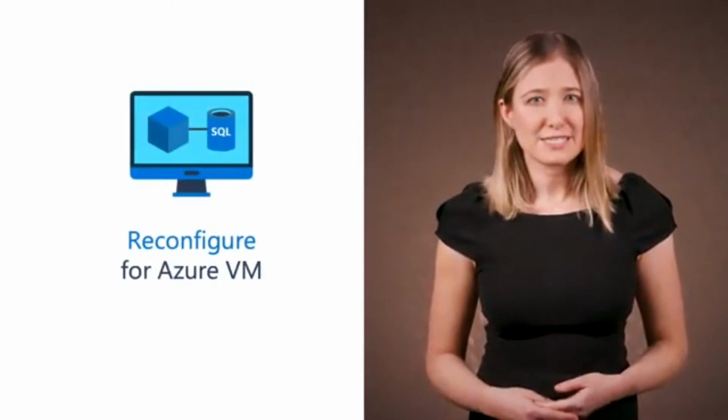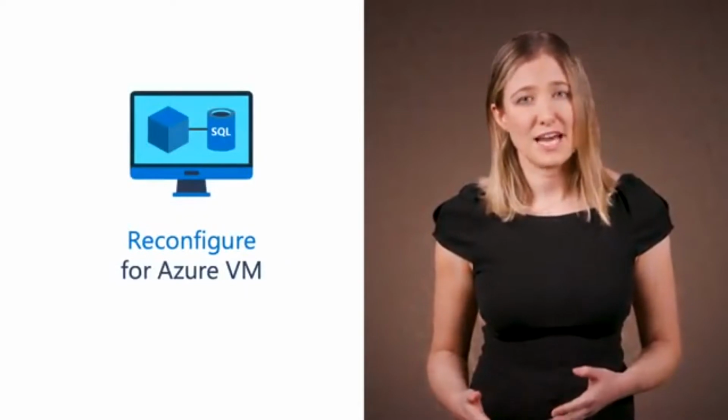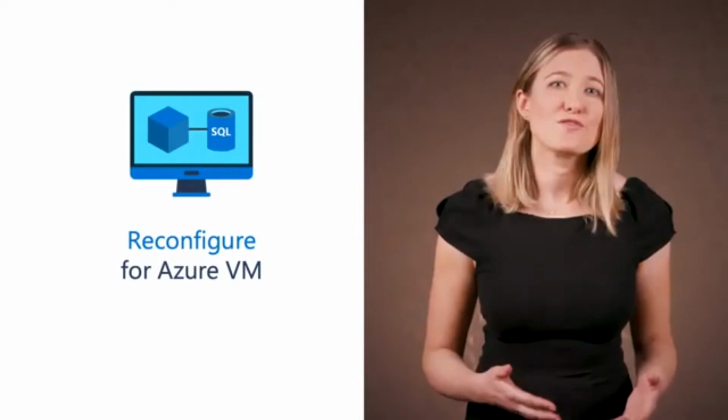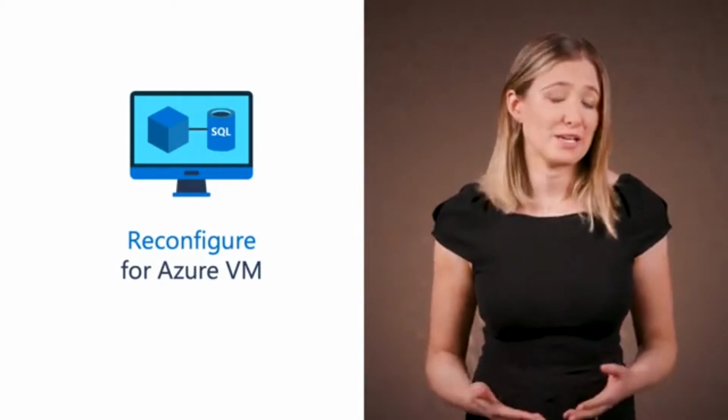It's important to note that the term lift and shift refers to the way in which you can move a database directly from an on-premises server to an Azure virtual machine without requiring that you make any changes to it. Applications that previously connected to the on-premises database can be quickly reconfigured to connect to the database running on the virtual machine, but should otherwise remain unchanged.